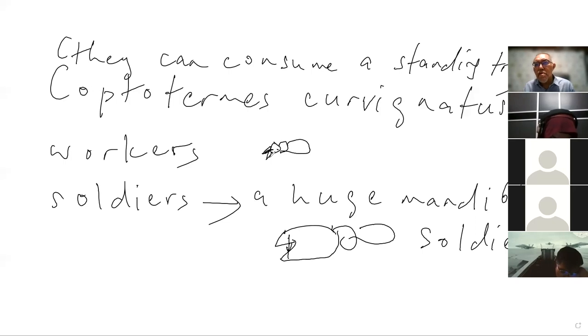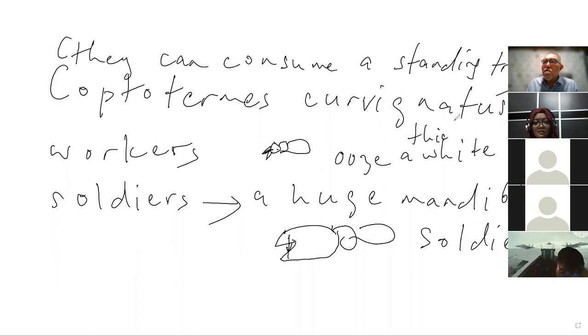Okay. Now, to identify this particular species of termite, you just hold out your finger and let them bite. And it will start to ooze a thick white liquid.